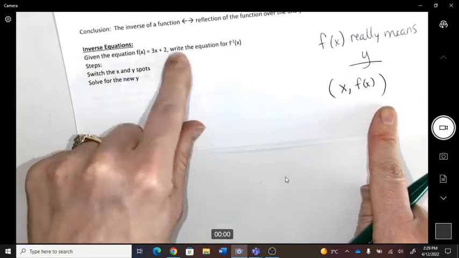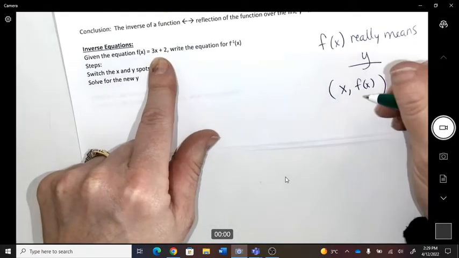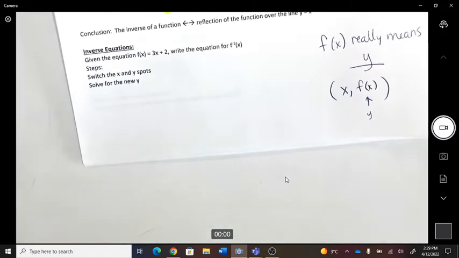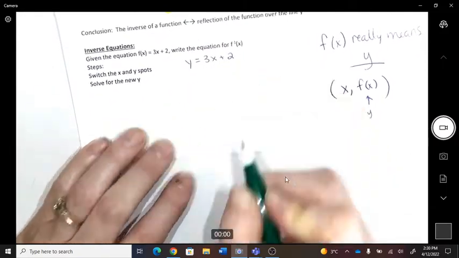That's what this function talks about. And f of x is really just the y. Okay? Of course they have to make it complicated looking, right? So what I'm going to do is just rewrite this y equals instead of the f of x.